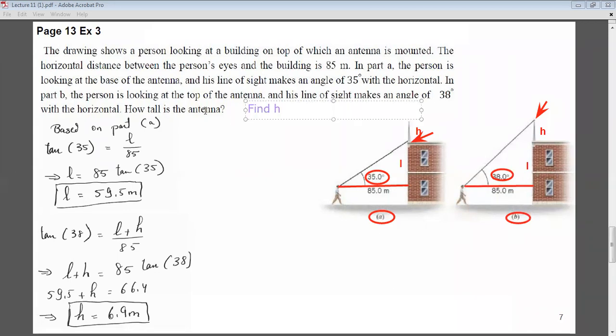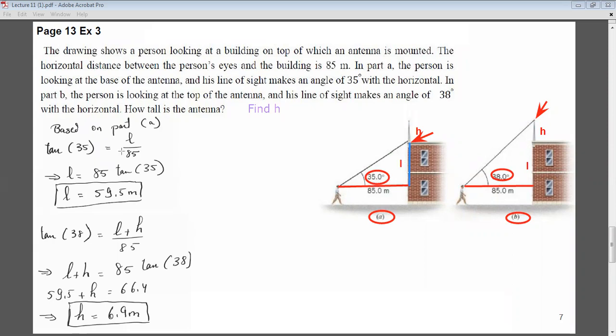Okay, find H. So here I'm assuming that this distance from here to here to be L. So in this right triangle, this side here is L. Now again, I have information about the adjacent, I have information about the angle, I have information about the opposite.